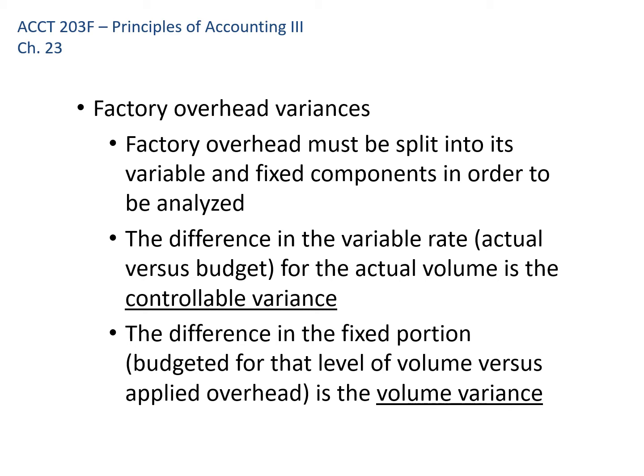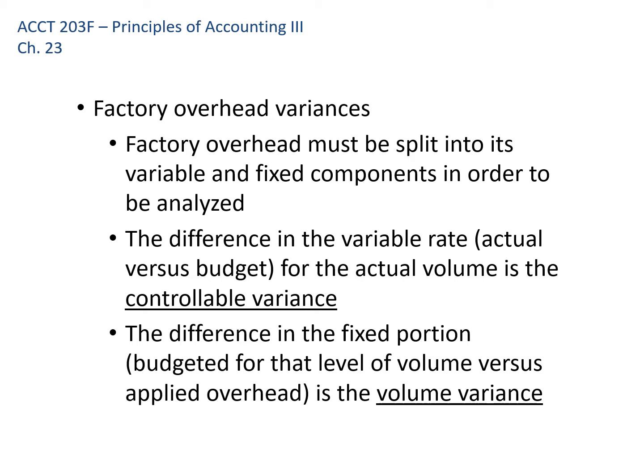The key thing about factory overhead variances is judging the cost control effectiveness of a production manager of a factory. We look at how they did with regard to direct materials, direct labor, but we also want to look at their spending on overhead.